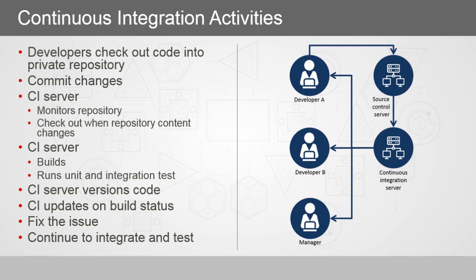Then, the CI server, or the continuous integration server, will continue monitoring the repository, and as soon as there is a change in the contents of the repository, the CI server will check out the changes that are identified in the repository. When there is a change, it triggers an activity, and the continuous integration server will invoke the build and run unit and integration tests on the changes.